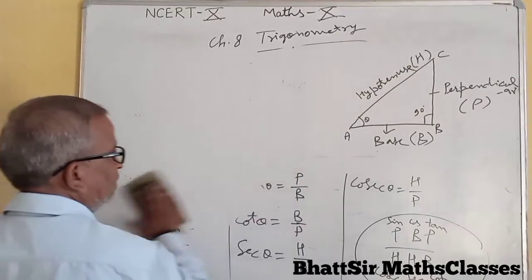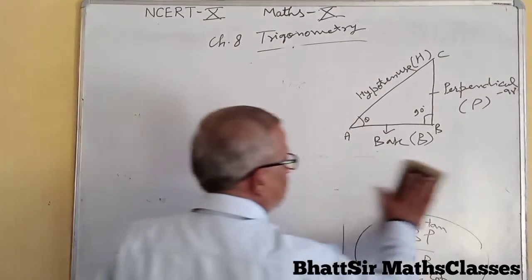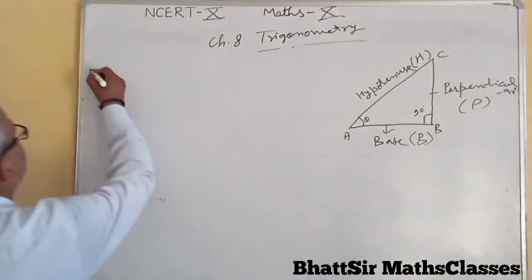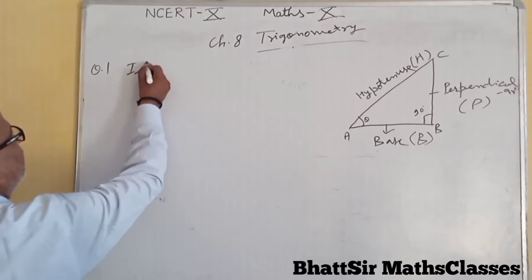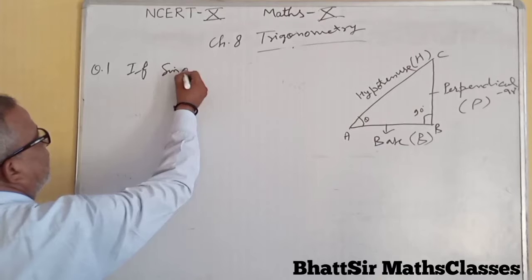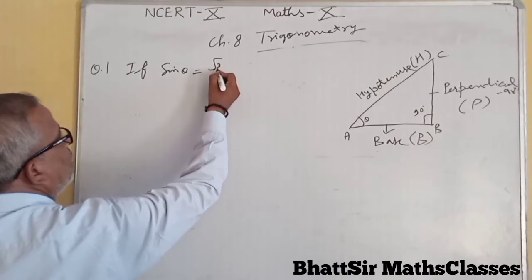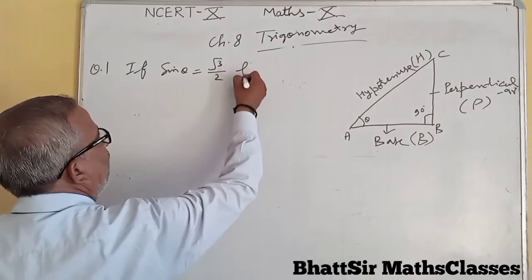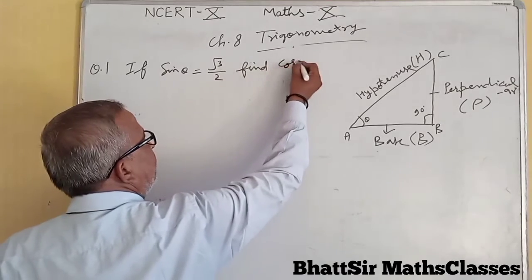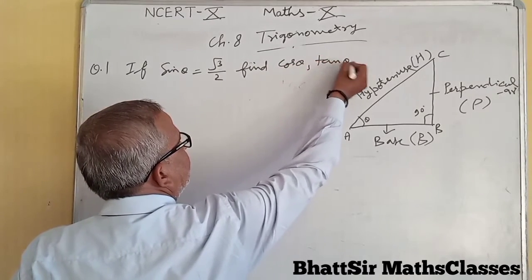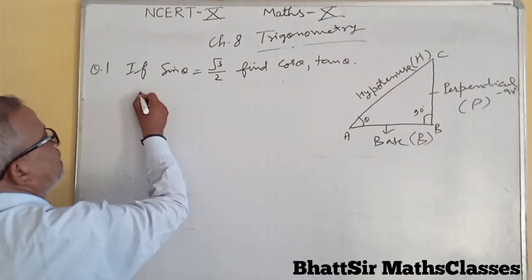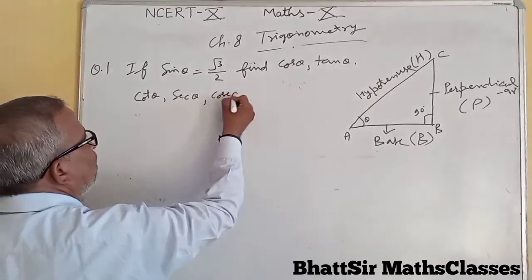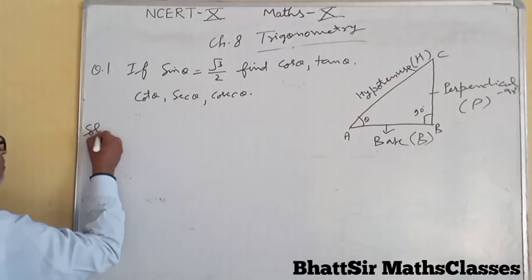First question is, question 1: if sin theta equal to under root 3 by 2, find cos theta, tan theta, cot theta, sec theta, cosec theta. So I am giving a solution.